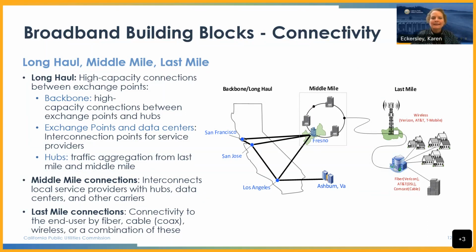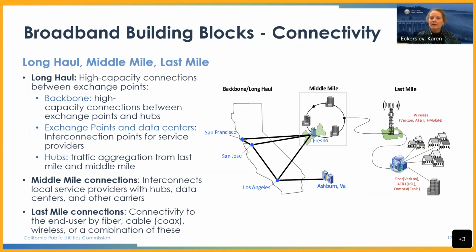Middle mile is a major target for improvement because everyone needs to connect to these lines and wants to be able to do it at convenient locations with reasonable pricing. California is now building a state-owned open access middle mile network to make sure communities that link themselves up will be able to access the wider internet affordably.